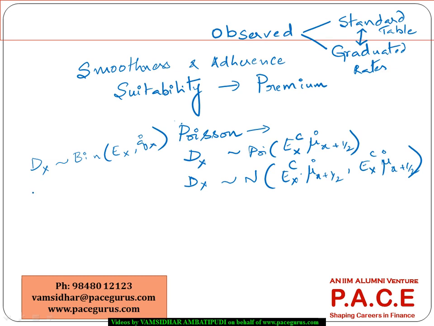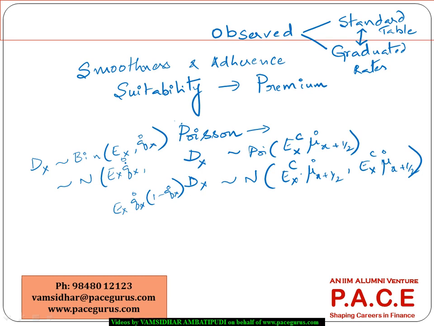Or when ex is very large, I am assuming that it will follow a normal distribution with mean ex qx and variance ex qx times 1 minus qx, using the graduated rate. So using the central limit theorem, the only thing right now is the graduated rates, whether it is qx or mu x plus half. I am considering these graduated rates and then using the Poisson distribution model and trying to compare it with my actuals.